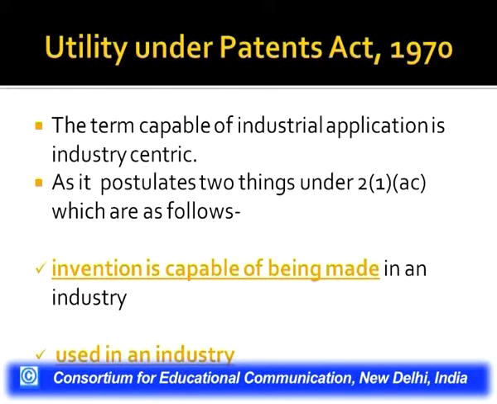So the two things that we have inferred from the definition provided under Section 2(1)(ac) are: it is either an invention capable of being made in industry or an invention capable of being used in industry.